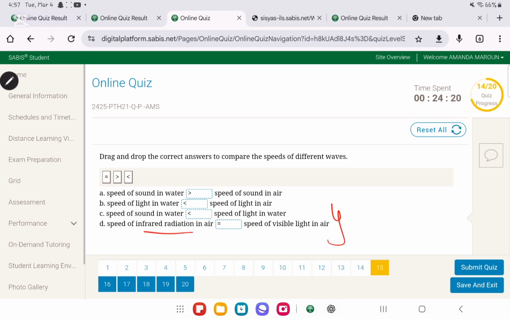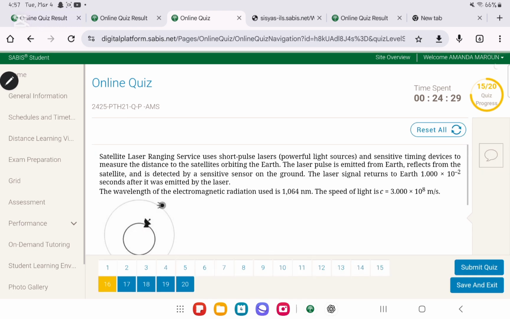Infrared radiation is light and visible light is light. Because they are made of the same thing, they will travel at the same speed. Same particle, same medium, same speed.